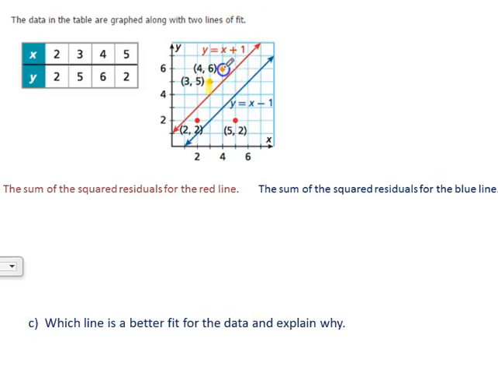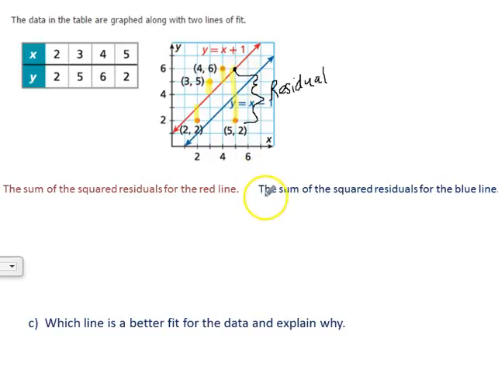So the residual is the distance between each point and a point that actually falls on the line of best fit. So that is a residual. It's the vertical distance between the plotted data point and the point that actually falls on your line of best fit.